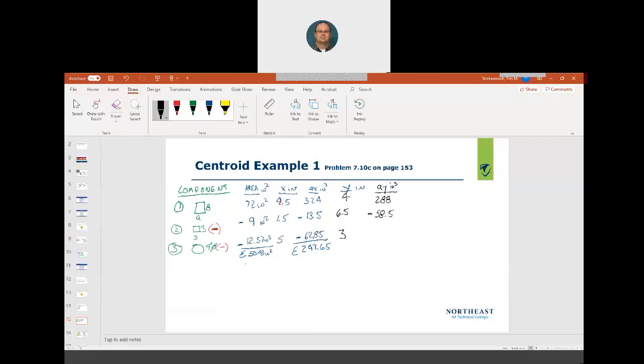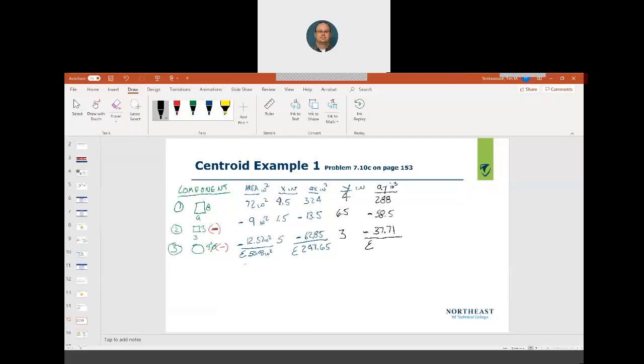Then we take a negative 12.57, where A is the area, times 3, and that's negative 37.71. I'm going to sum all these up.